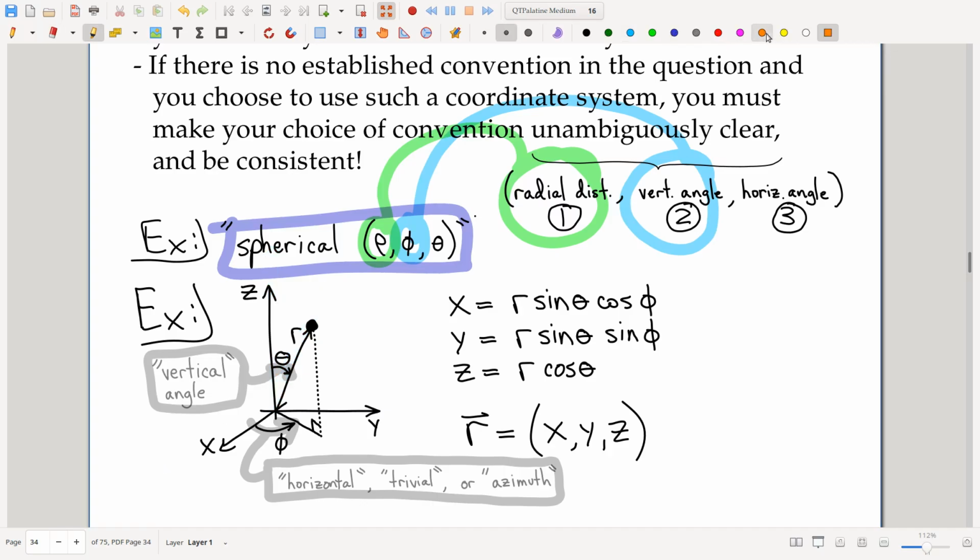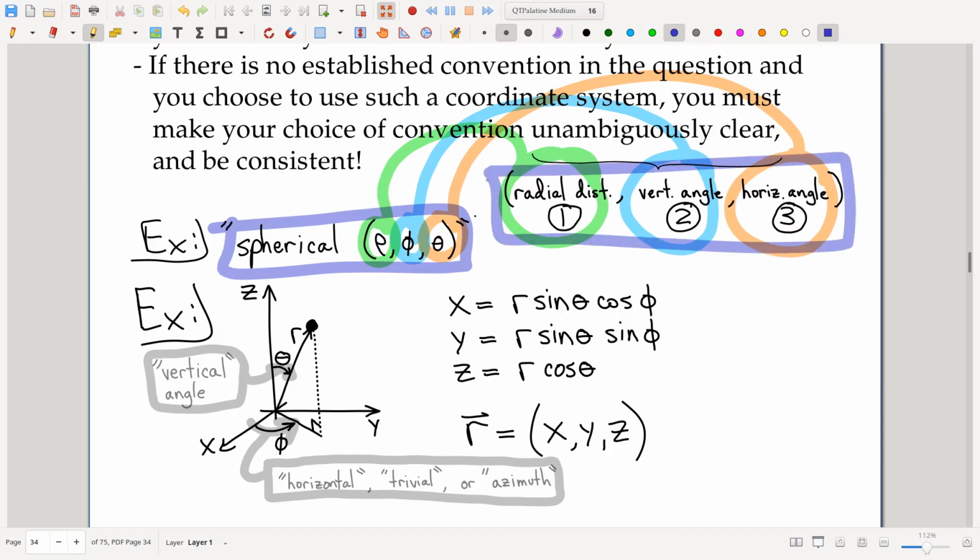And for your horizontal angle, sometimes called the azimuth, you're going to use theta. So perfectly clear, no ambiguity, and that's all you got to write down. And I do think pretty much everyone agrees that you always put the variables in that order, just to avoid the confusion.